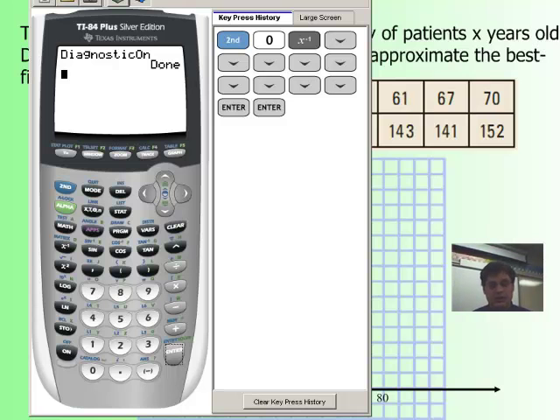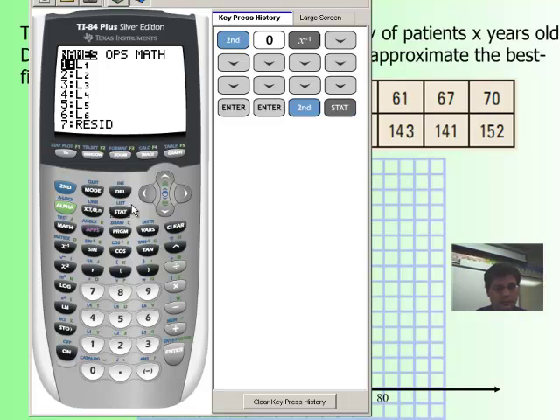Now we need to enter the data points. This is dealing with statistics, and we're going to input a list of data. So we're going to press second and stat. Here we see the names of the lists, L1, L2, and so forth.